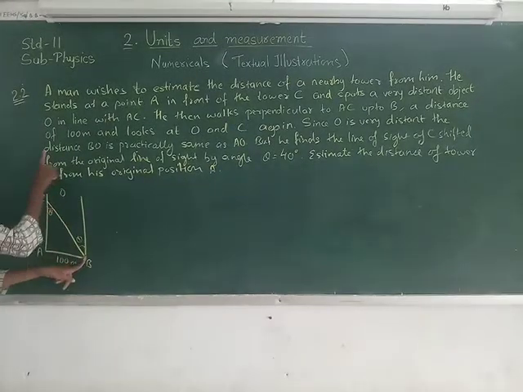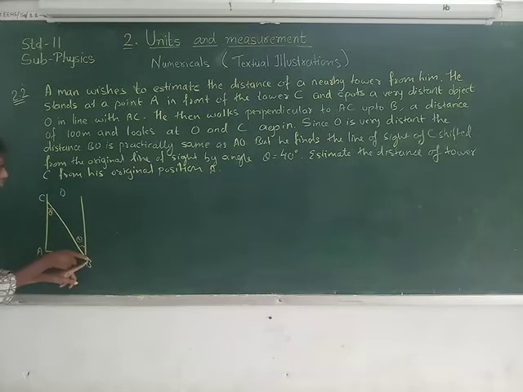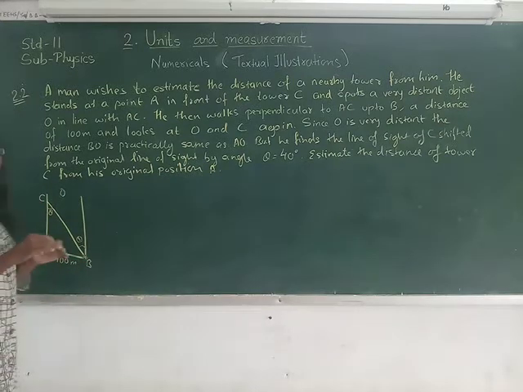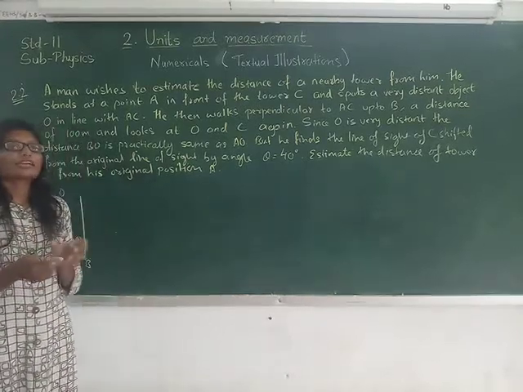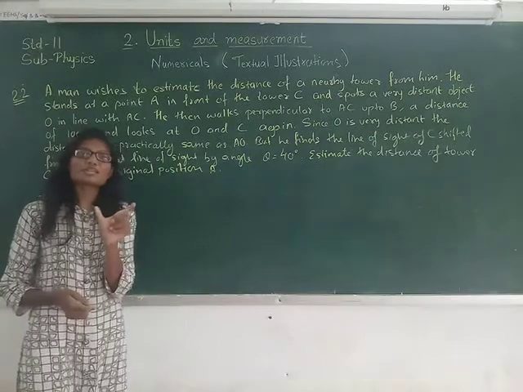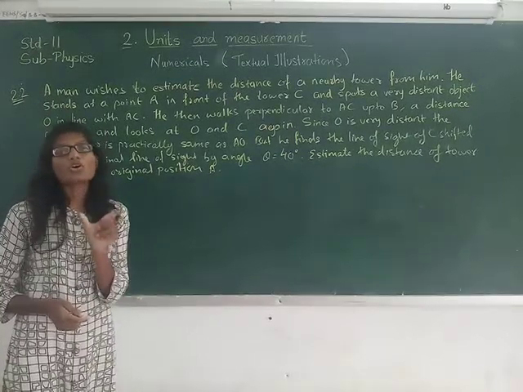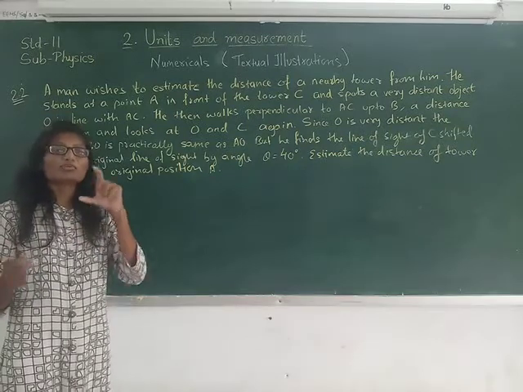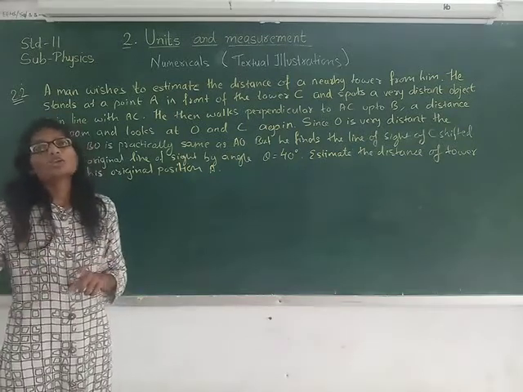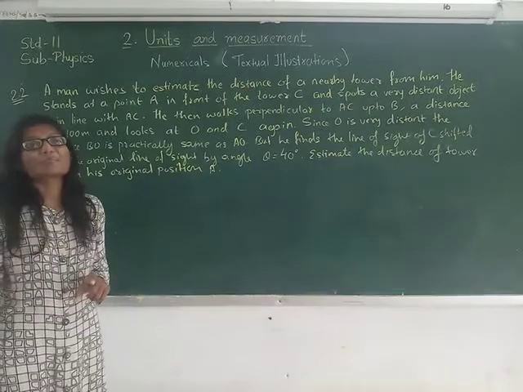See, this object is very far away from the man as well as from the tower. So this distance BO as well as this AO, it appears to be same, because we have already seen for the parallax method, right, that when the two observation points are taken from the diameter of the planet and we see the distant object, then from both the observation point to the distant object, the distance remains same.